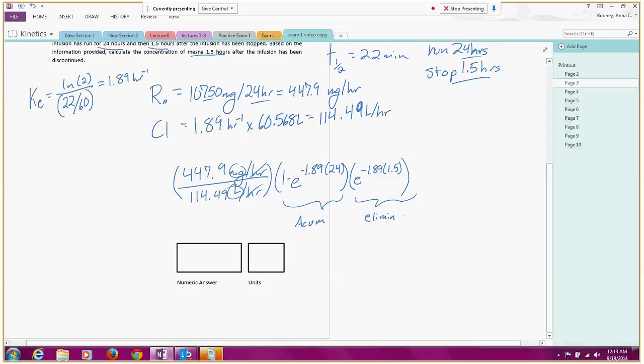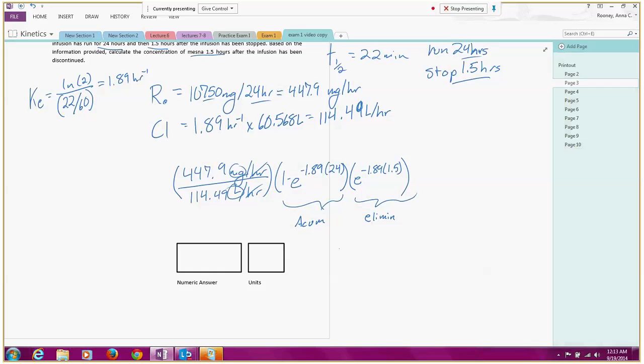So you find the percentage of the concentration steady state that is accumulated at that point. Are we past 5 half-lives? Yes. So our accumulation is probably pretty close to steady state.